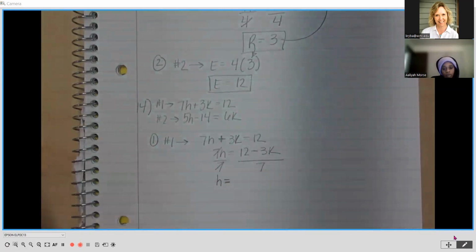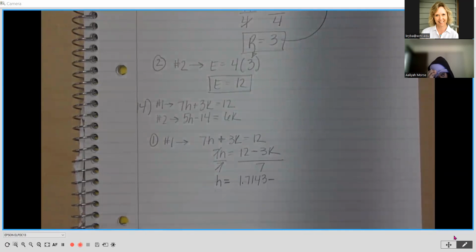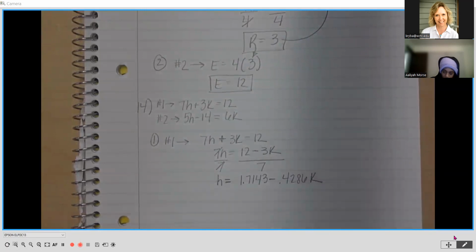H is equal to, so I'm going to take 12 and divide that by 7. Okay, and that's going to be 1.7143 minus 3 divided by 7, so it's going to be 0.4286k. So notice I'm holding 4 decimal places. Okay, at least 4. If you want to do 5 or 6, go ahead.